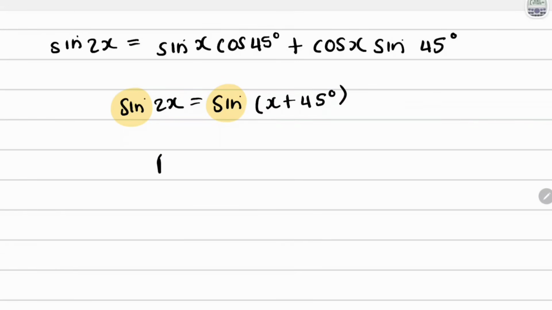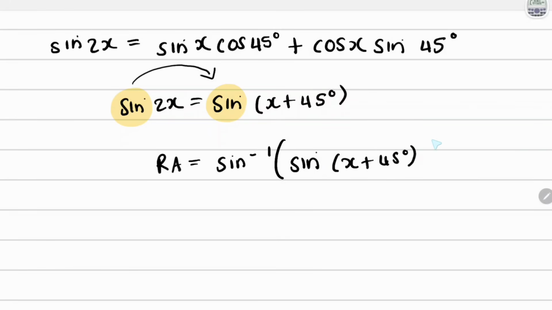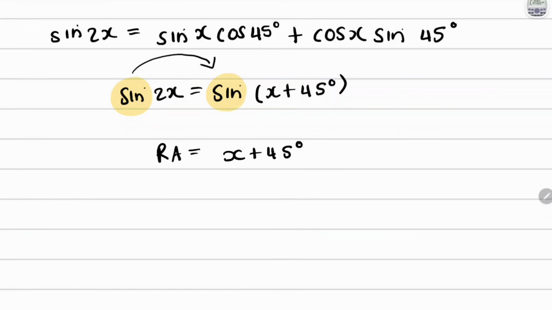So I'm saying reference angle is equal to, then I'm going to take this sine over, and it's going to become shift sine. But the thing about this is it's the inverse of sine. So what it will do is cancel out this sine, and you will just be left with your angle. So now do you see why our reference angle is going to be x plus 45 degrees? Okay, so reference angle is equal to x plus 45 degrees.